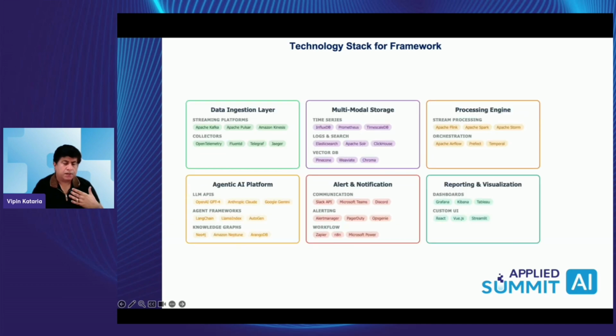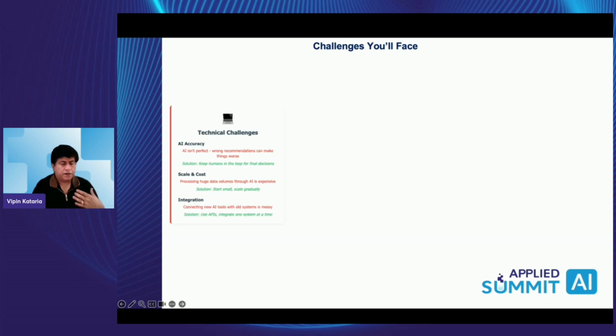Now we understood the technical stack for the framework which is available in the market. There will be challenges when you build this framework, and the first is technical challenges. AI isn't perfect yet.